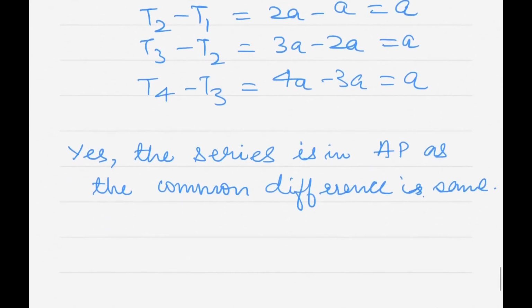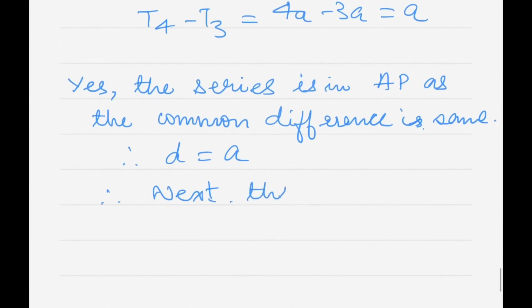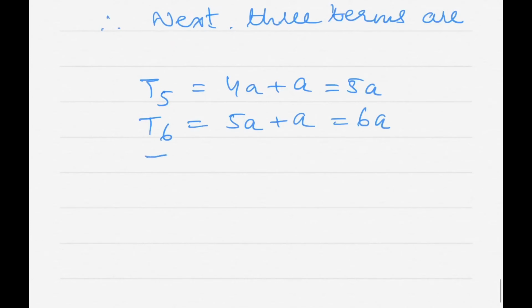Therefore D we figured out, D is equal to A. Now therefore next three terms are, what was my fourth term? 4A. Okay, so T5 will be equal to 4A plus A, so 5A. T6 will be equal to 5A plus A, so 6A. T7 is equal to 6A plus A, so it is equal to 7A. So we found out all these terms.